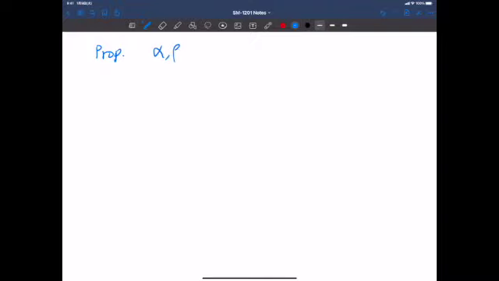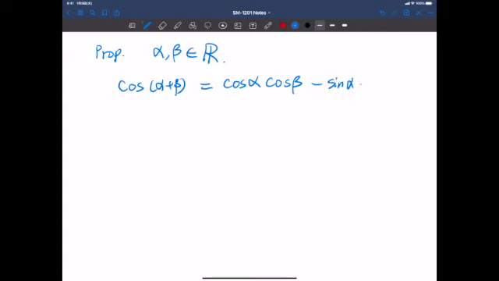And let alpha and beta be any real numbers. Then cosine alpha plus beta is equal to cosine alpha times cosine beta minus sine alpha times sine beta.